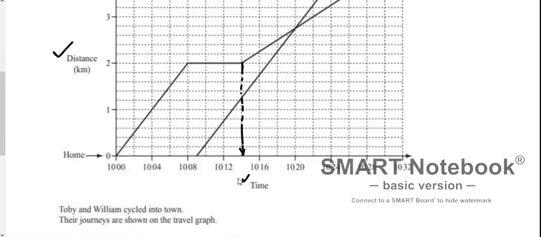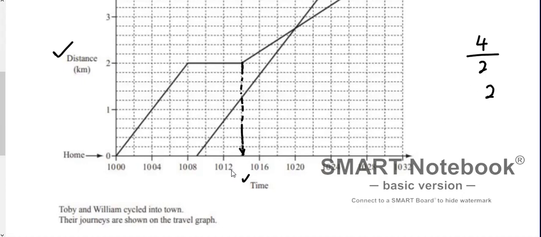So automatically this will be 10:14, because this is 10:12 and 10:16, the difference is 4, divided by 2.